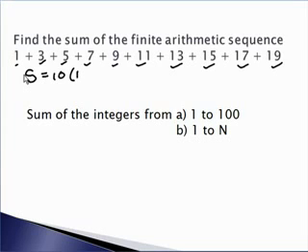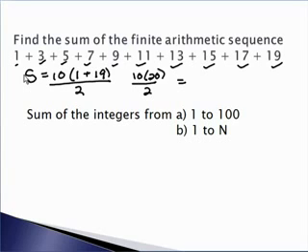Multiply it by the value of the first term, which is 1, plus the value of the last term, which is 19, and divide it by 2. So 10 times 20 divided by 2. 10 times 20 is 200. Divided by 2 is 100.